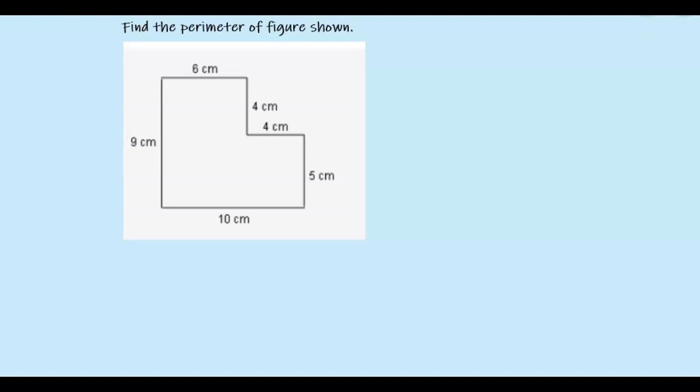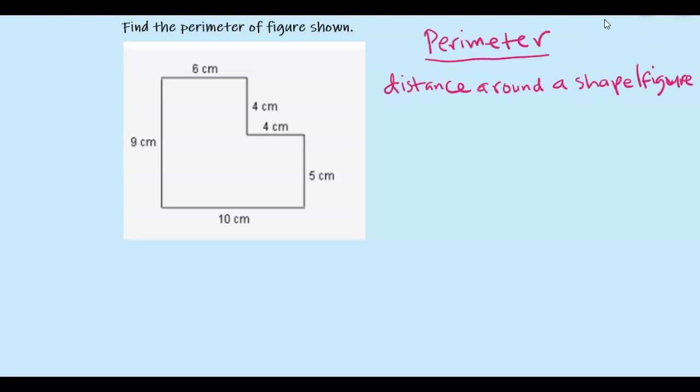Hi guys, today we're going to look at the perimeter, how we can calculate or find the perimeter of a given shape. A perimeter is found by adding the surrounding.